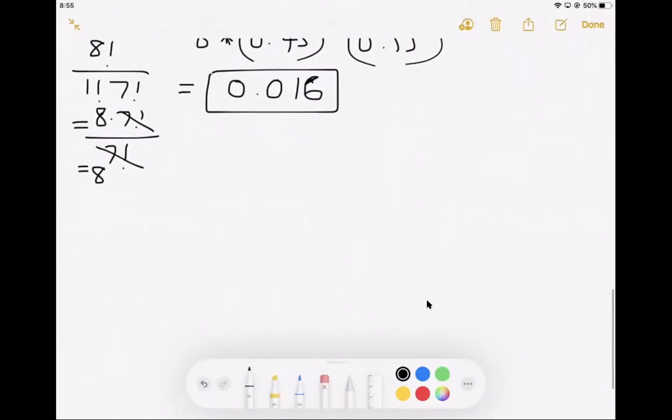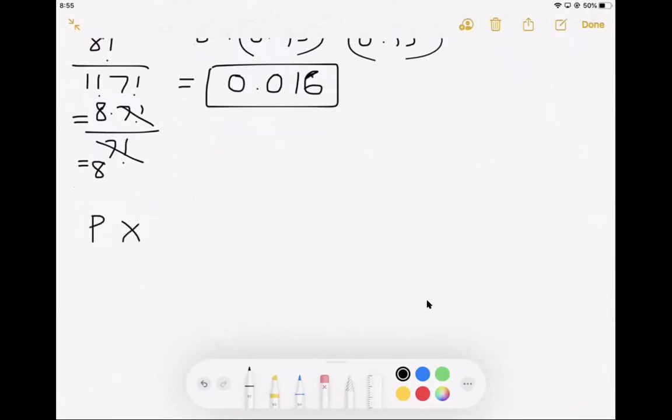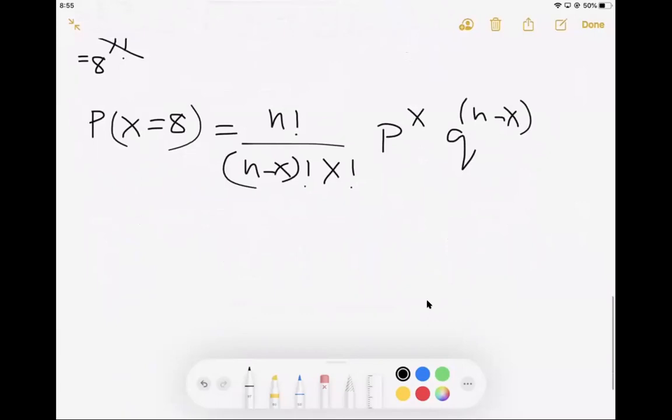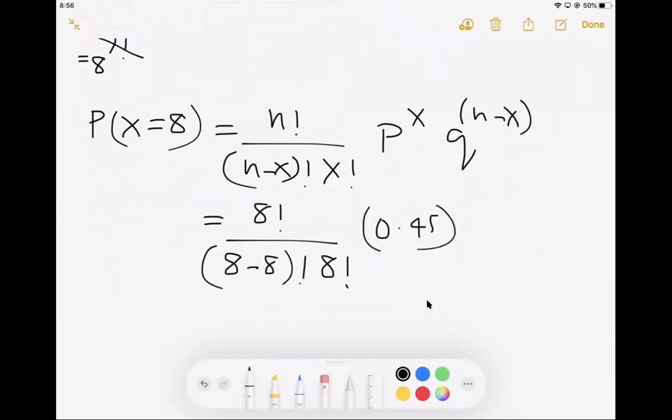Now the last one, we need to find this probability also. Again, use the binomial probability formula. Write it down, then it will be easy to substitute values. 8 factorial, here n is 8, x also 8. 0.45 to the power 8, q is 0.55 to the power 8 minus 8.